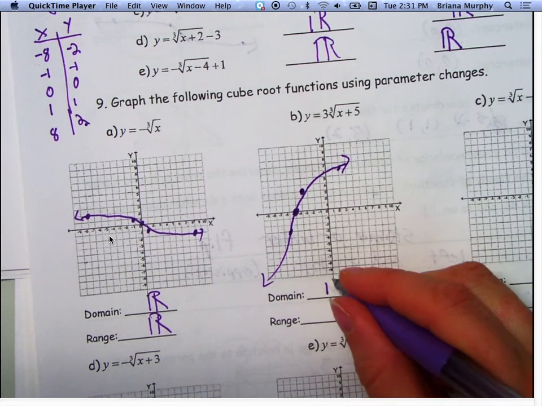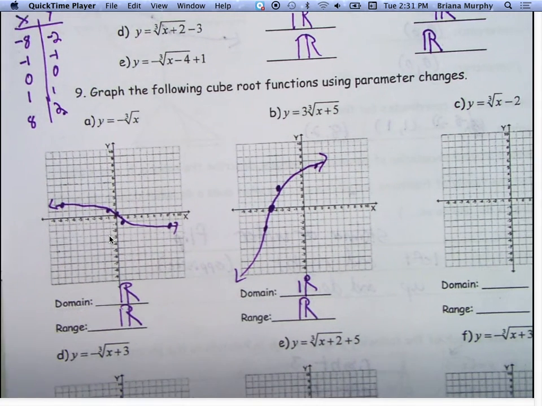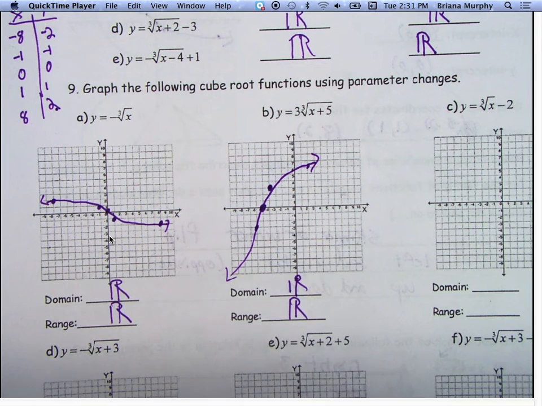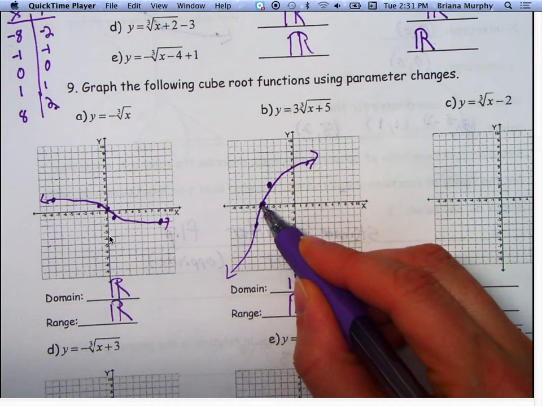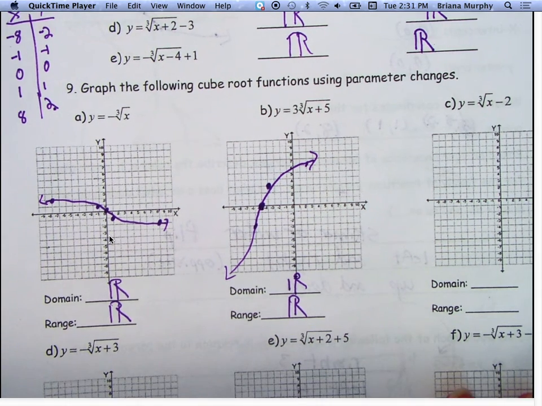My domain and range is all real. What about the negative 5 and 0? I have it right here. As I told you, you're going to have to pick points that go in there.